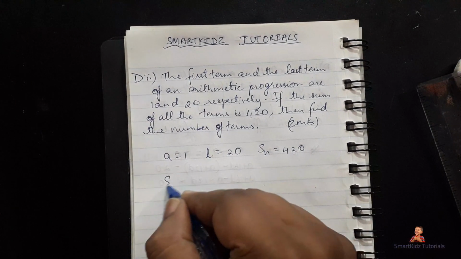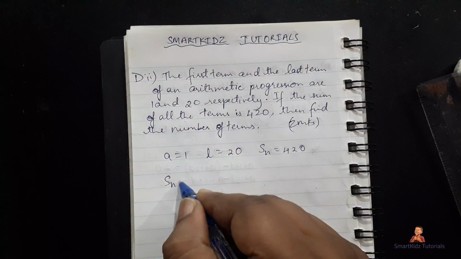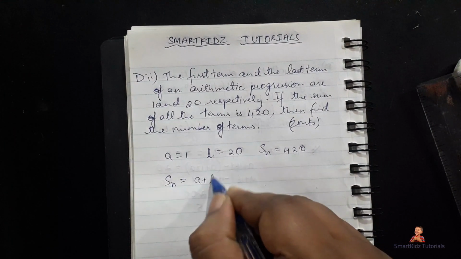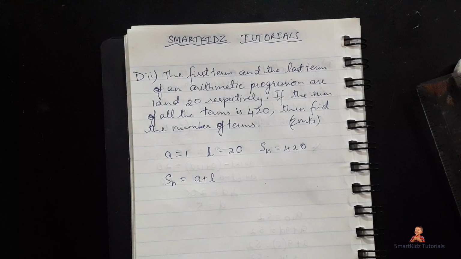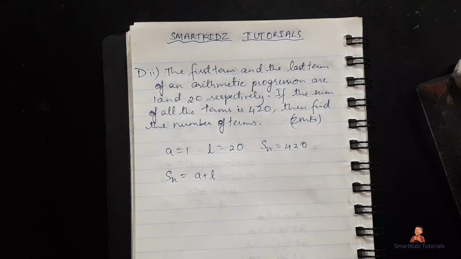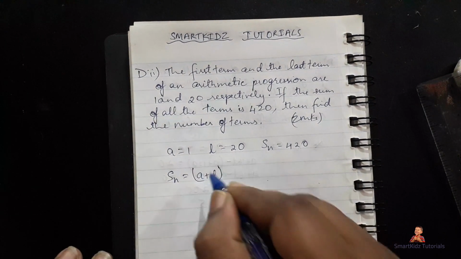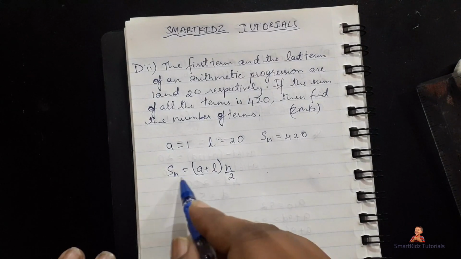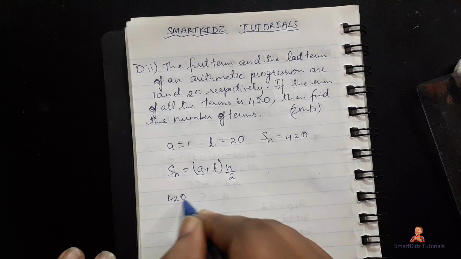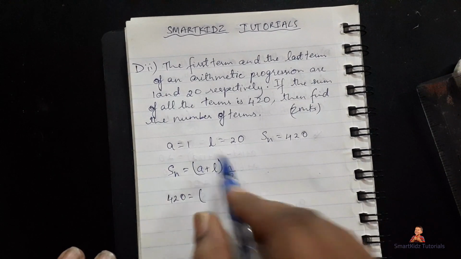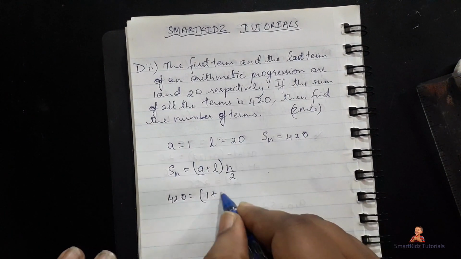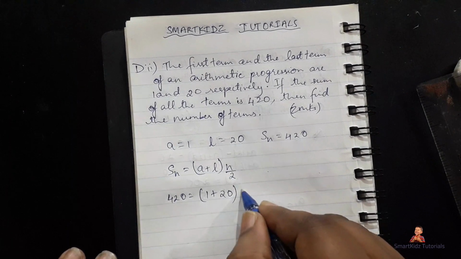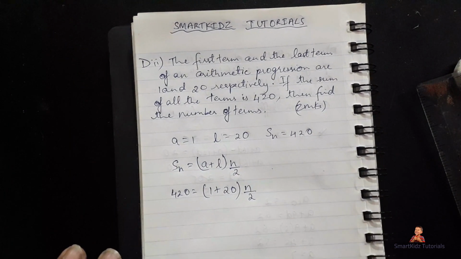So we use the formula for finding the sum of all terms where the first term and the last term are given: the whole thing in brackets, (A plus L), multiplied by n upon 2. So Sn is given as 420, A is 1, L is 20, so 1 plus 20, into n, divided by 2.